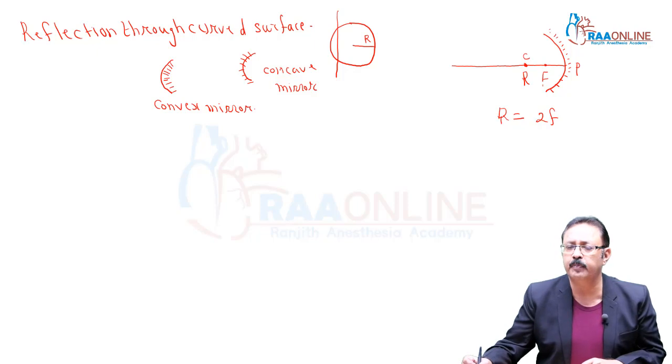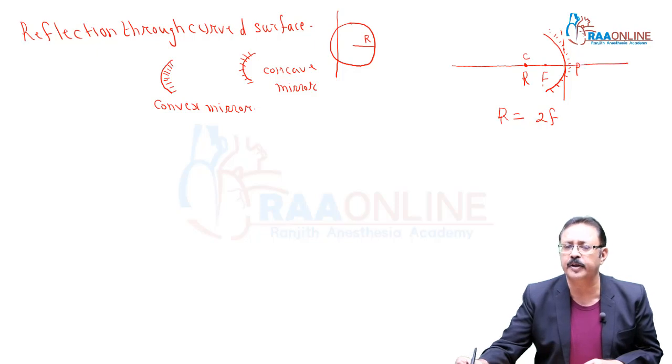Take pole as origin, measure axis as x-axis, and the line perpendicular to it at the pole is known as y-axis.